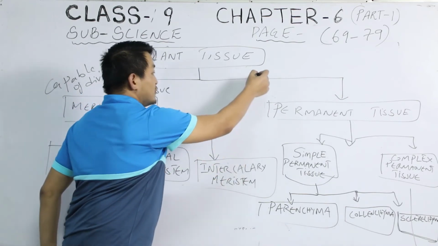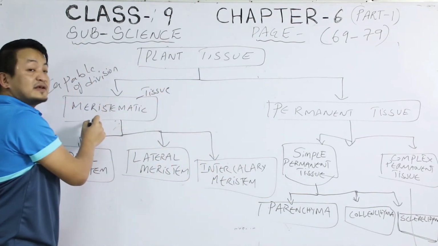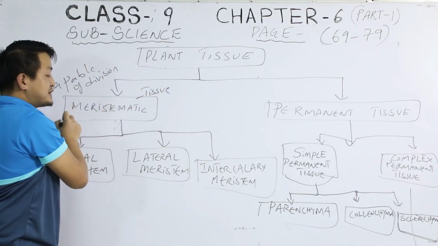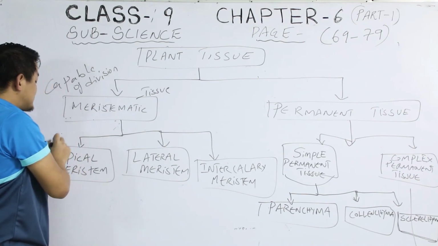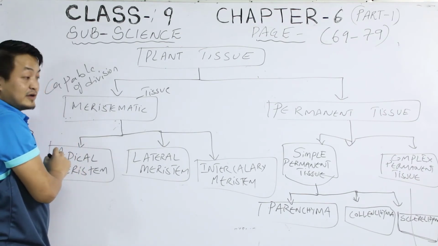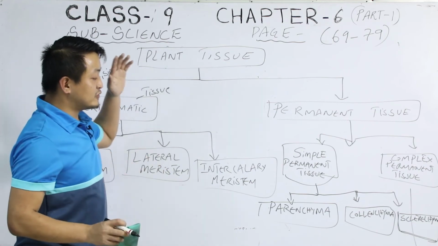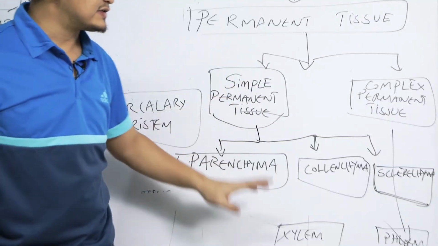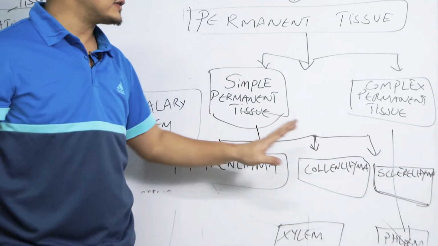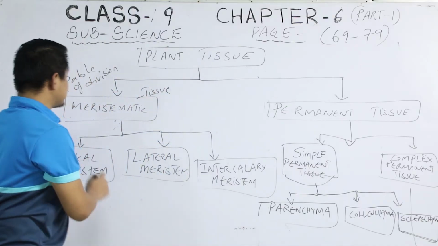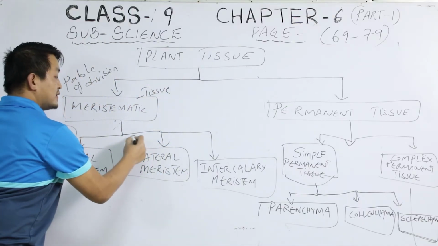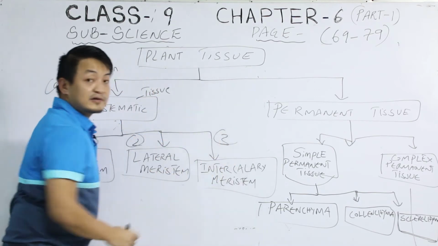Now we'll start with the meristematic tissue, where we will start with the apical meristem. You have to make this table, till xylem and phloem. We'll discuss apical, lateral, and intercalary.